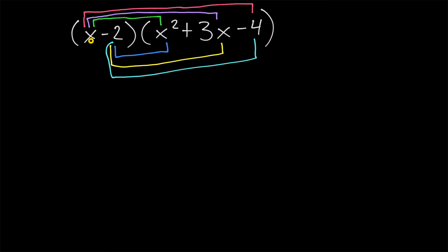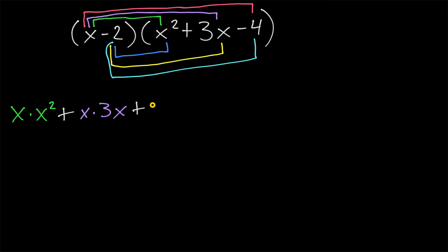So first you're going to multiply this x by this x squared. So x times x squared. And to this you're adding the product of this x and the second term in the second polynomial, 3x. So x times 3x. And to this you're going to add the product of the first term in the first polynomial, x, and the negative 4.